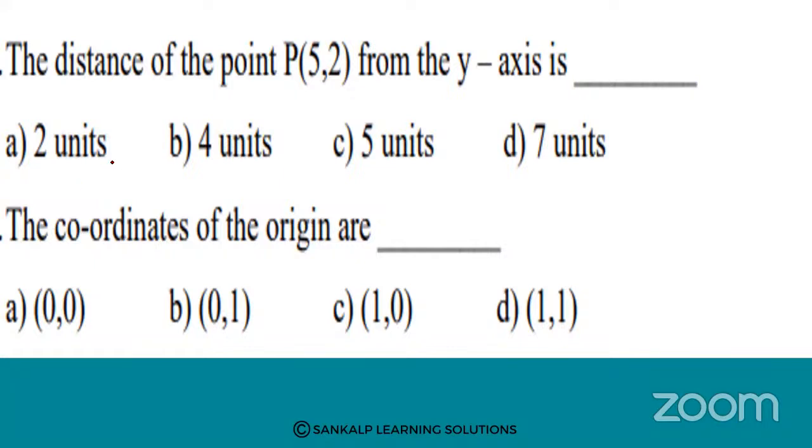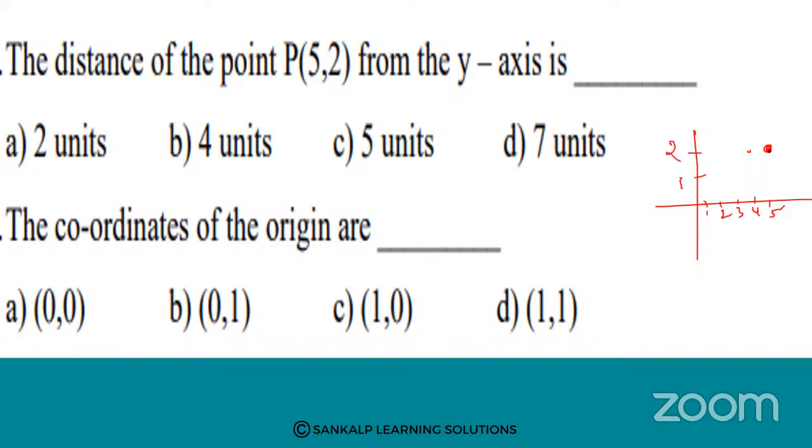The distance of the point P(5, 2) from y-axis. Yes. Now we want the distance of the point from y-axis. That means, see, our point P is here. So 1, 2, 3, 4, 5. So, point P is here and 1, 2.